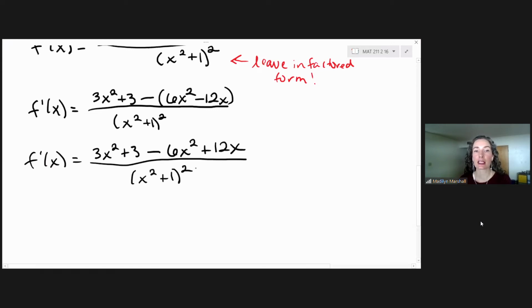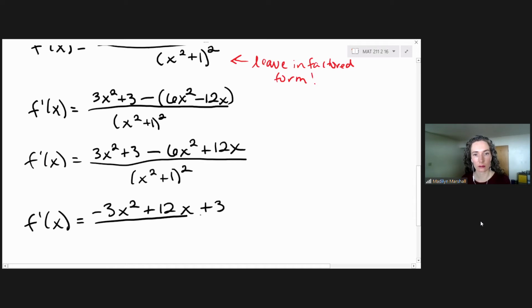And now we just have to combine like terms on top. Most of the work on a quotient rule problem is the simplifying steps.